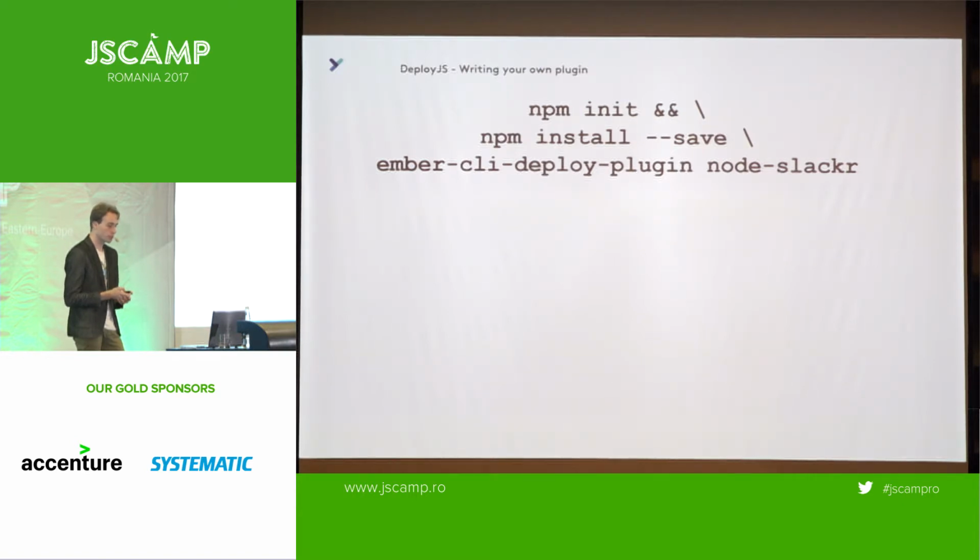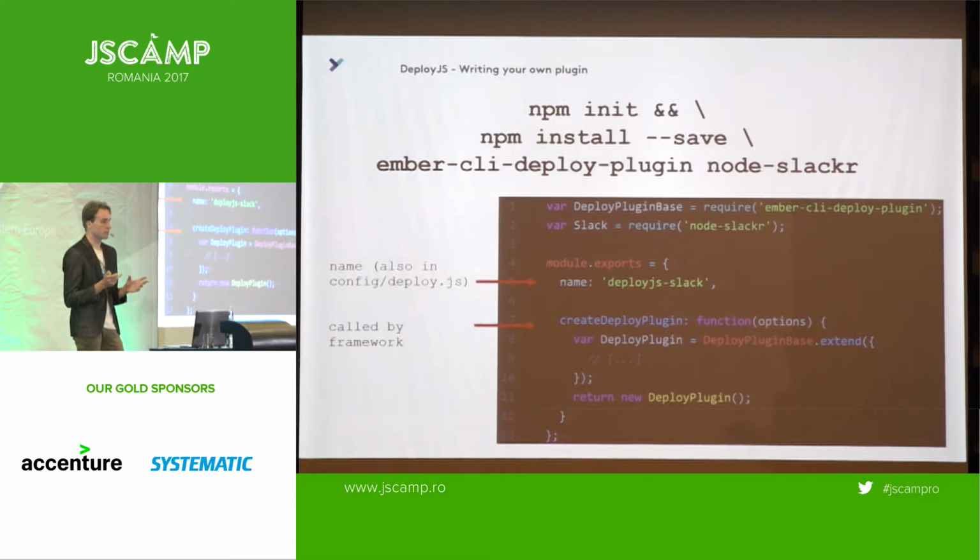deployment step. In this case, let's try and write a plugin that notifies Slack when a new version is deployed. You would have to start from the base plugin, which is the Ember CLI deploy plugin, and we would use Node Slacker, which is a Node library for working with Slack.